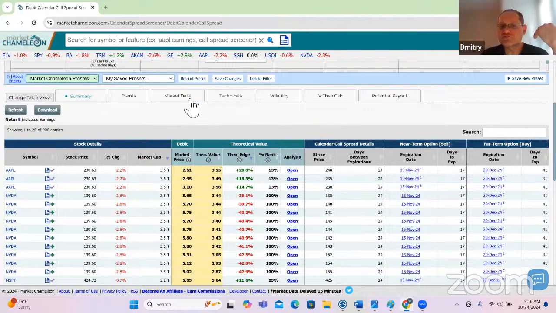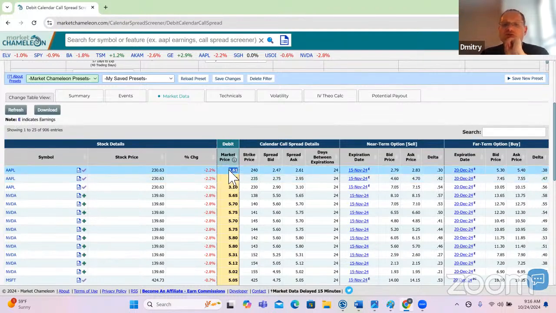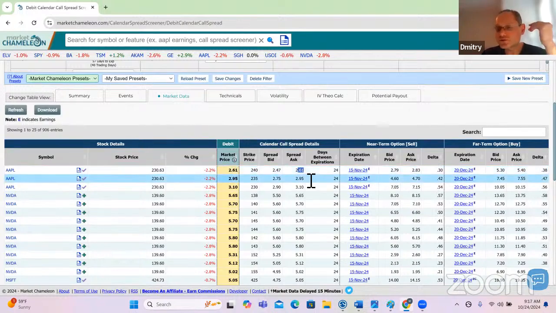And if we look at the market data here, we could get more information. So this is the price, 261. But we could see that the spread is bid 247, offered at 261. Okay, so that is something to consider, because if you're placing your order for execution, if you're buying something, you're trying to get the lowest possible price, right?